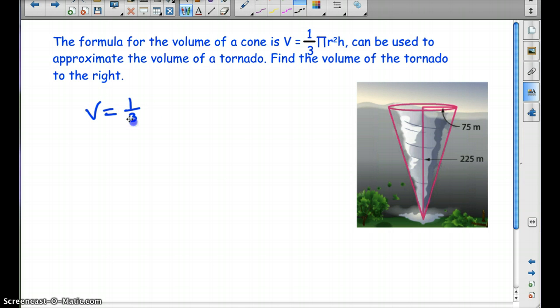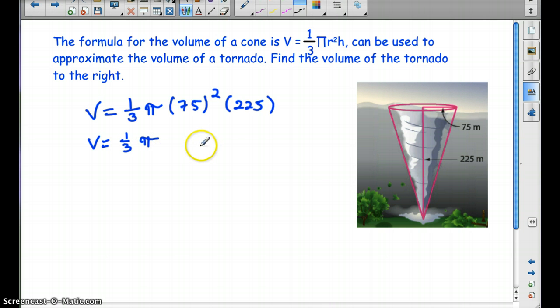So 1/3 and pi are going to stay the same. R is going to be our 75 because that is our radius of the circle. And then our height is going to be 225. So you can use your calculator on this. Use the pi button because that's more exact, instead of 3.14. You should be able to find that pi button.